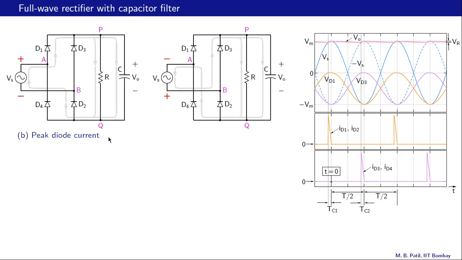Let's look at the peak diode current, and let's say we are talking about ID1. So ID1 is maximum here, and as before, this is the sum of IC and IR, because the current is supplying both the resistor and the capacitor.